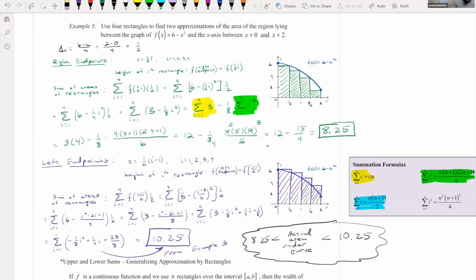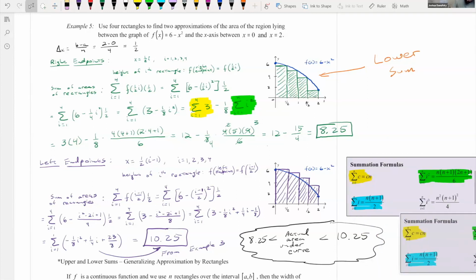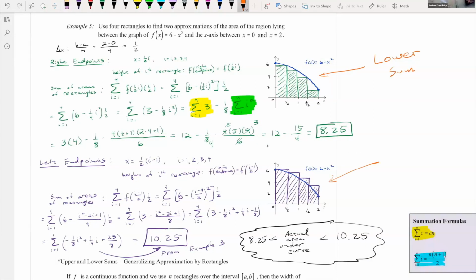So what you'll notice is that we have what's called an upper sum and a lower sum. This picture here represents a lower sum because it's a sum of areas of rectangles that's less than the actual area under the curve. And this one over here is what we call an upper sum, right?